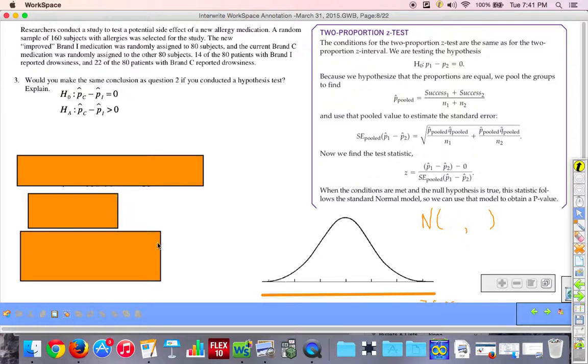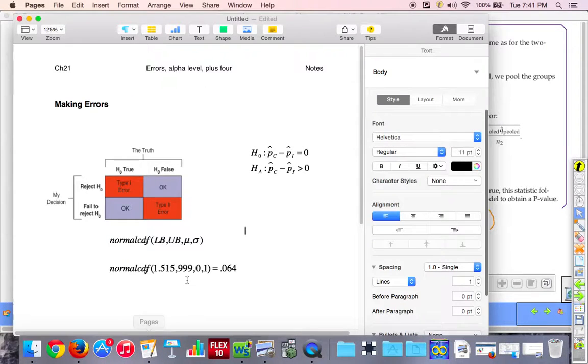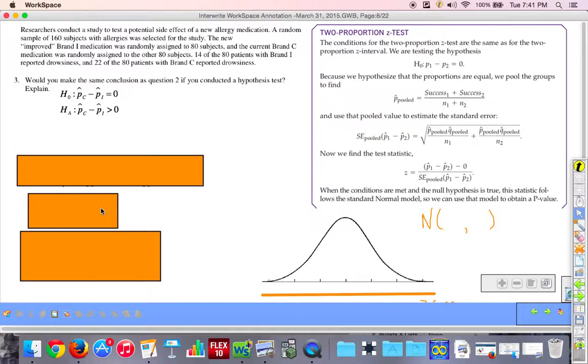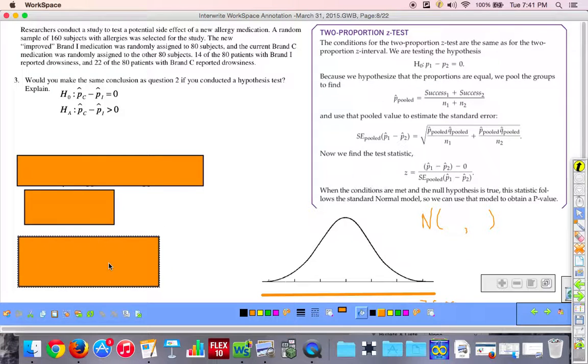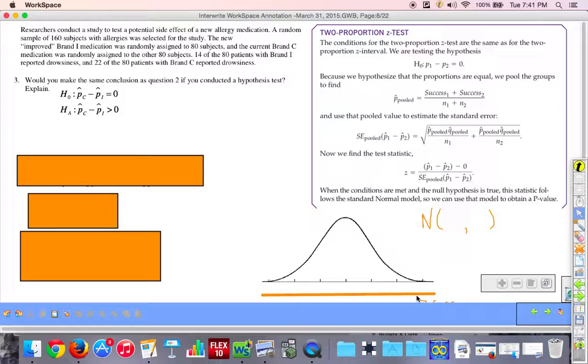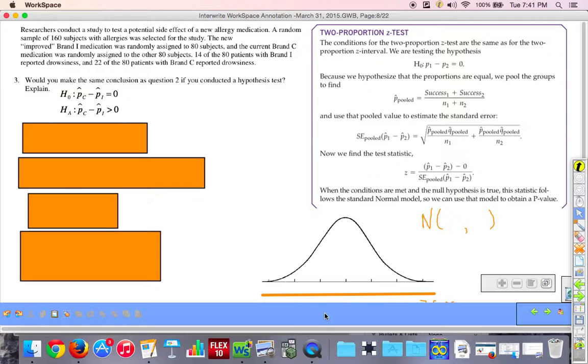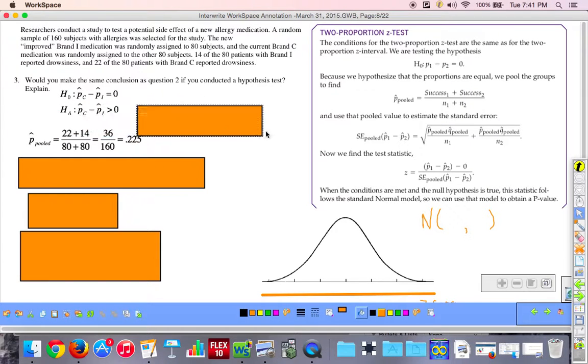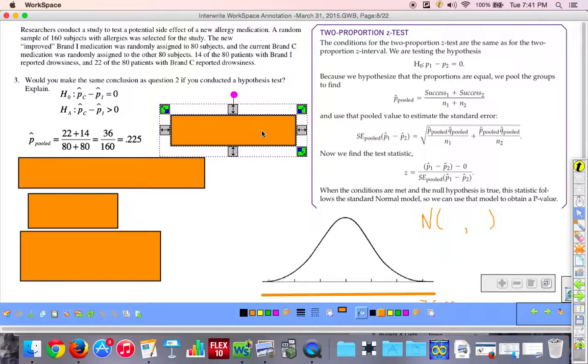Let's see if I can find it. Oh, I erased it. That can't be true. Let's see what's under here. Nope, that's our Z. All right, well, let's say I plugged it in, okay? And I know I had it there. Let's see if I can hit my undo a couple times. Let's see if it's there. Yes. I'm sorry, very excited.